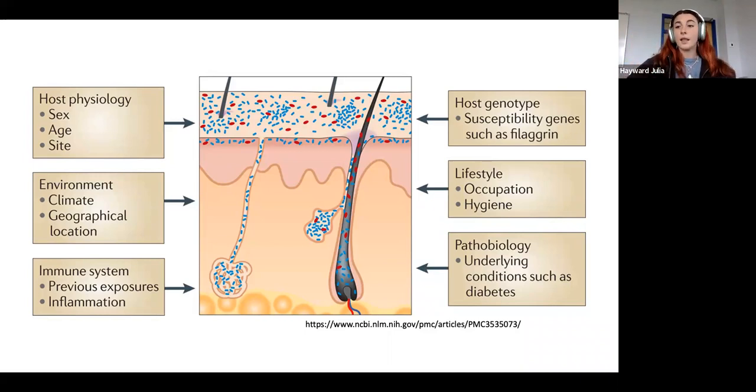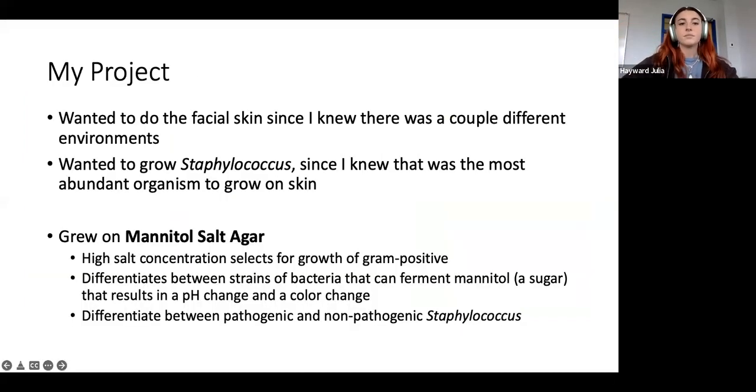Along with, obviously, climatic factors, temperature, and pollutants in the air, all of that can definitely interact with the microbiome of your skin, inhibiting some microorganisms or facilitating the growth of others. So there's definitely a lot of variation that comes into play when looking at what is actually growing on our skin, but there has sort of been a baseline of what has been seen a lot in literature.